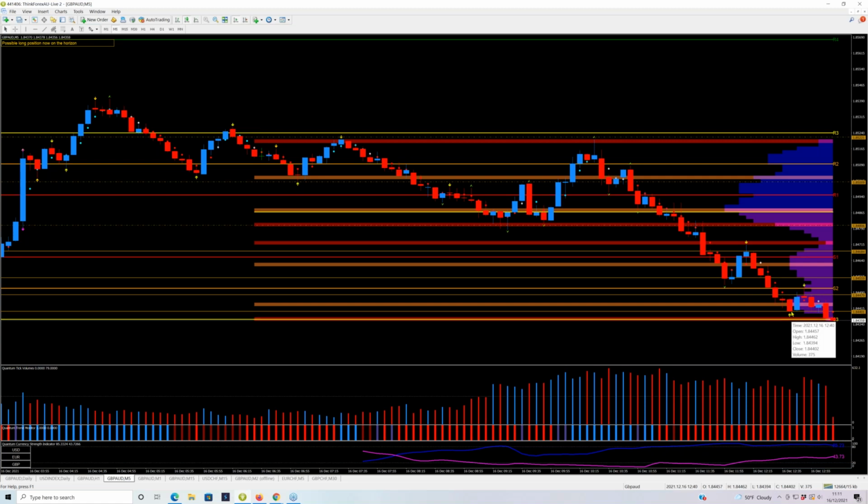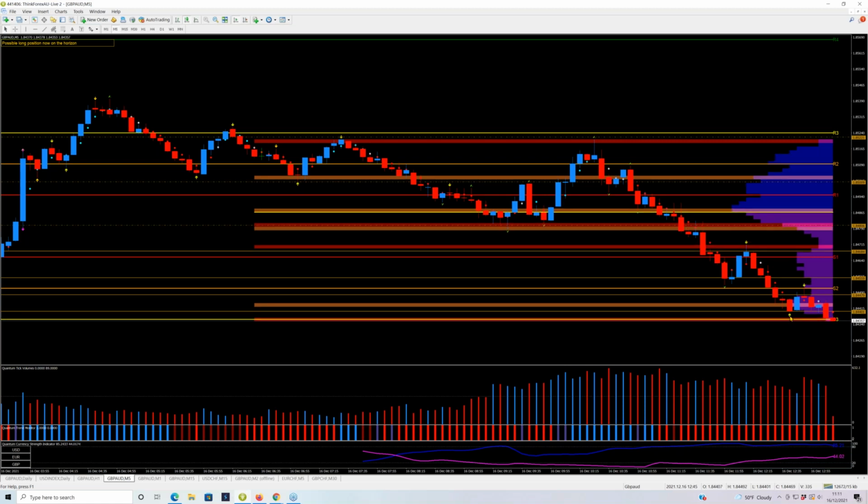But this is what I was trying to explain: when you come to these important levels, often you will have a pause, you will have a bounce as well. And look at the candles, and you think, well, is that going to hold and possibly reverse, or is it going to carry on through, carry on lower?